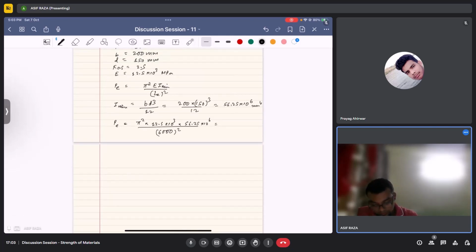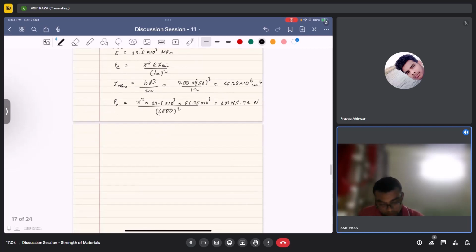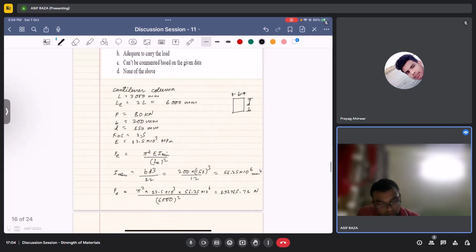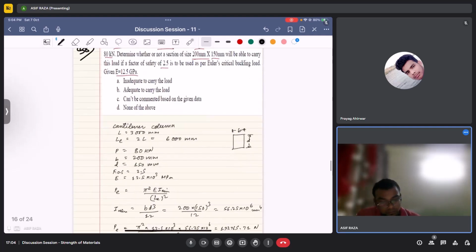This comes around 192,765.71 Newton. PE can be written as 192.765 kilonewton, but this is still not according to the safety factor.